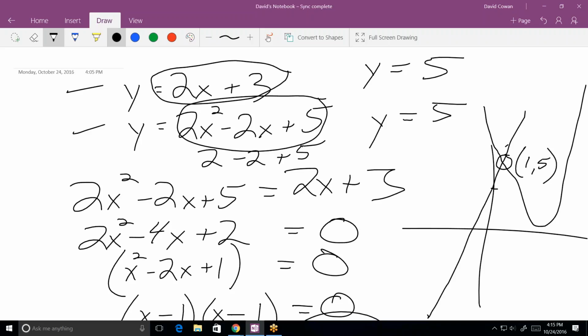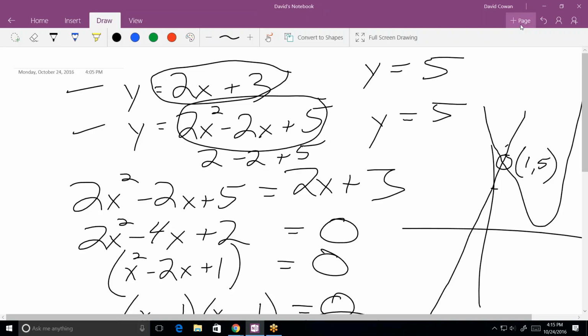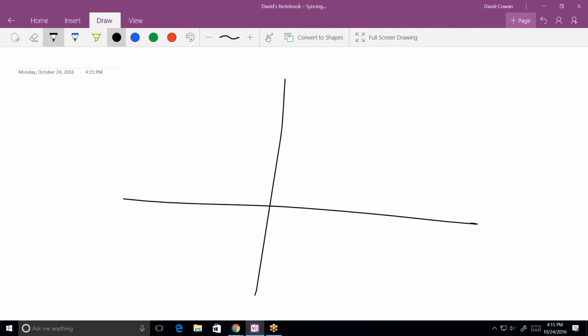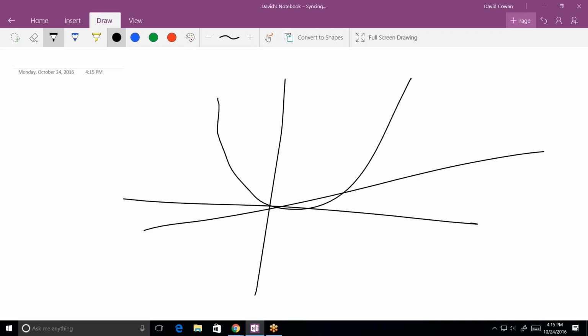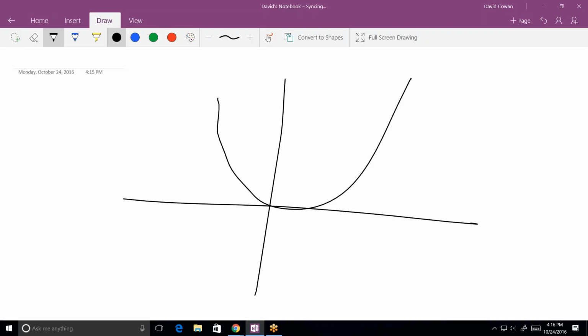And in this case, they're only going to intersect in one spot. In other words, when we solve this thing, typically we would get 2 solutions, but in this case, we only got 1. Notice that if I plot a quadratic with a straight line, a lot of times I'll get 2 solutions, there and there. So it's a little unusual to only get 1 solution.